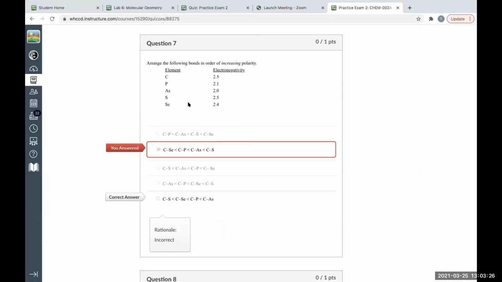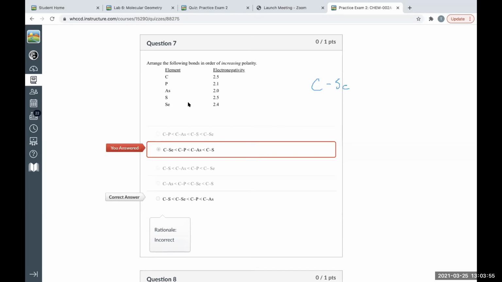So for this one, we're aiming for increasing polarity. Let's start with the one that you answered. We have carbon bonded to selenium. We want to compare the electronegativities between the two elements.